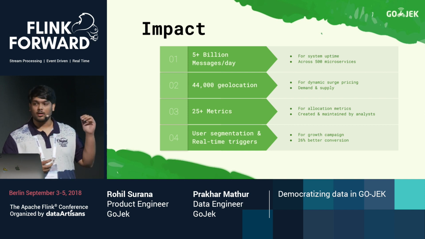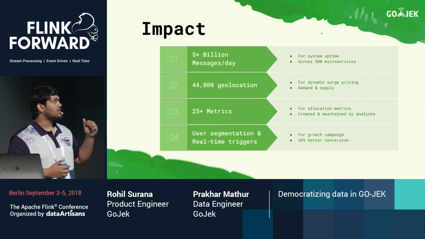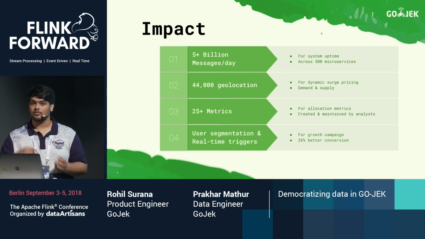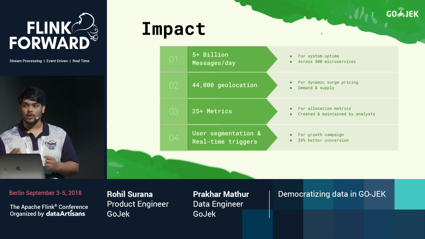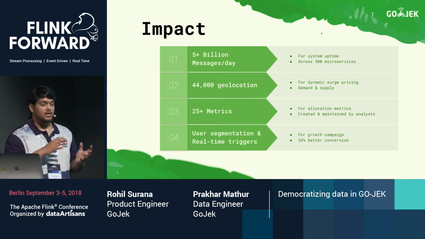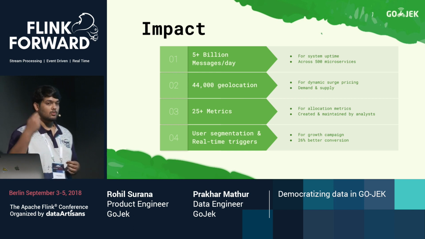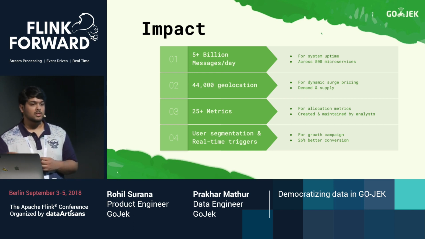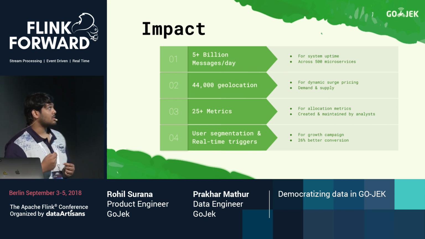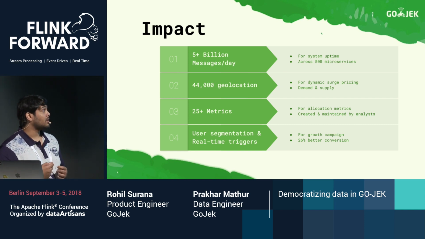From that Kafka, people have created Dagger jobs, which helped them create a dashboard. We can monitor how many 500s, 400s and 200s there were, and they have set up their own alerts. If the 500s go up, they send it to PagerDuty or Slack alerts. We are processing around 5 billion events per day.